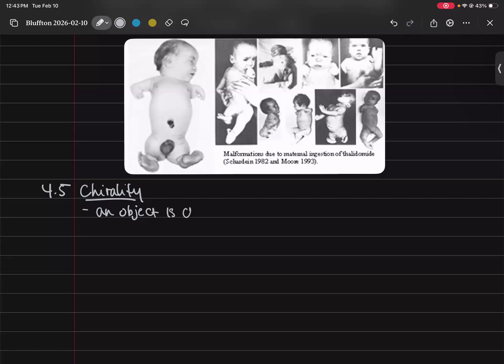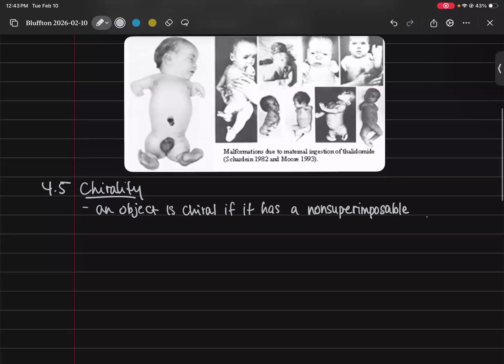An object is chiral if it has a non-superimposable mirror image.